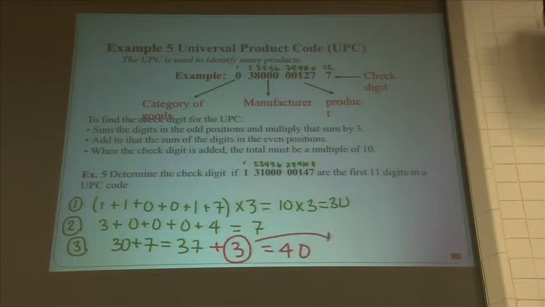The number that you add to get to the next multiple of 10 is the check digit. Whatever number you add to the sum from steps 1 and 2 to get to the next multiple of 10 is the check digit.